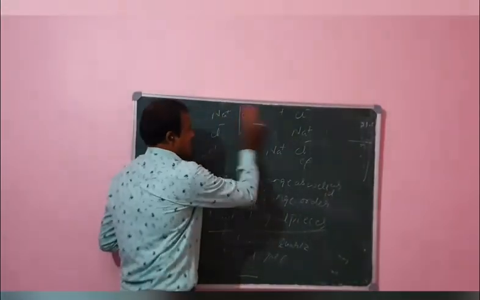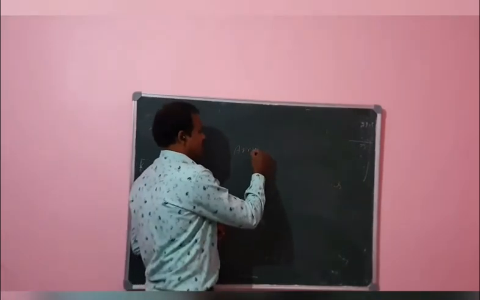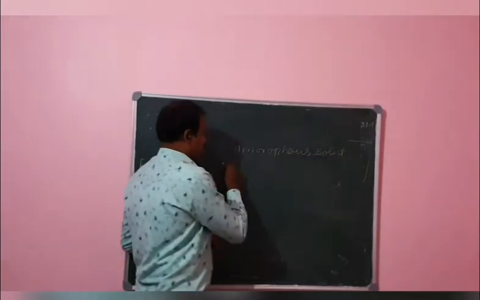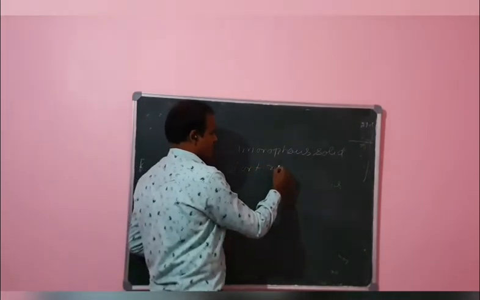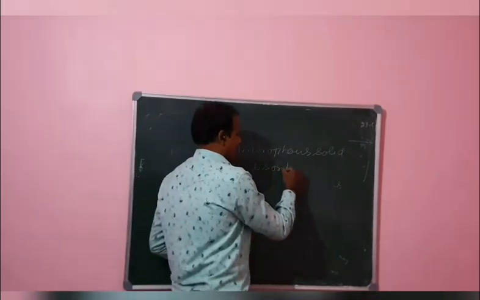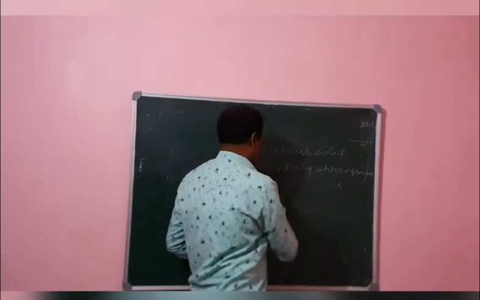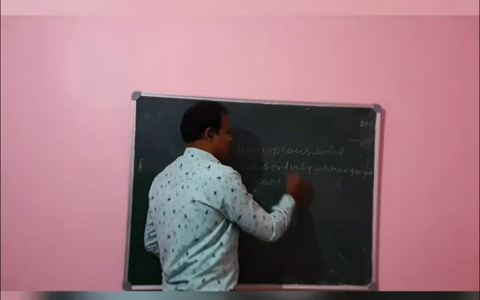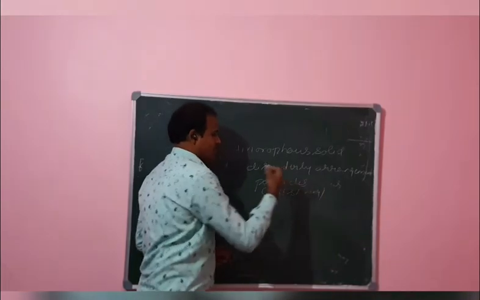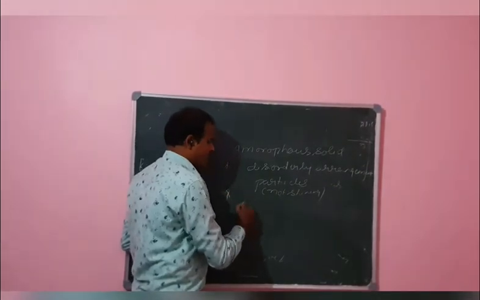Now if you go to the amorphous solid, it has short range order, as you already know. It has a disorderly arrangement of the particles. Simply put, the notation is a disorderly arrangement of the particles. This is called pseudo short range order. Why? Because of the disorderly arrangement of the particles, it is considered short range order.